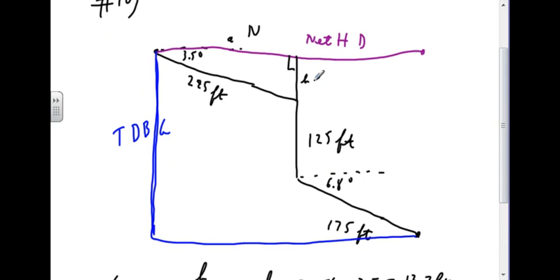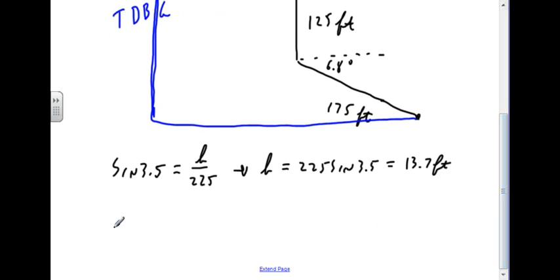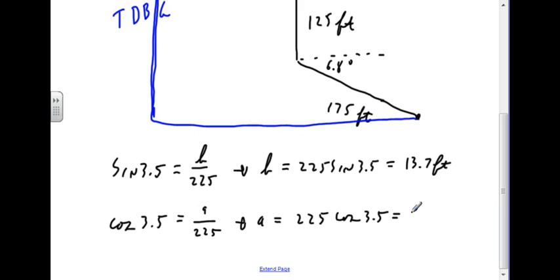All right, so I got 13.7 feet. And then I want to find the horizontal distance, so I'll use the cosine of 3.5 is equal to A over 225, finding out that A is 225 cosine 3.5.